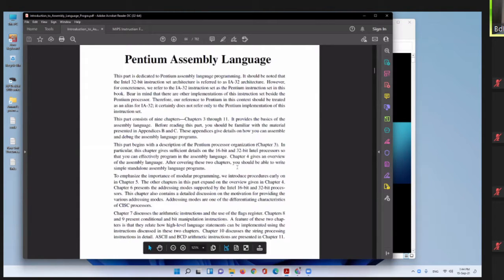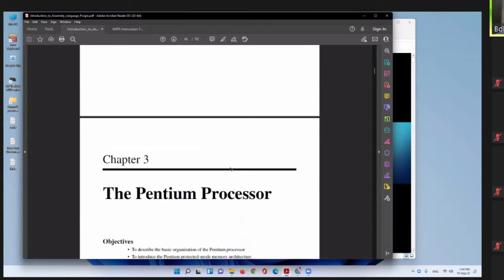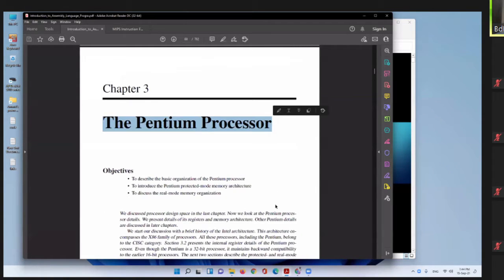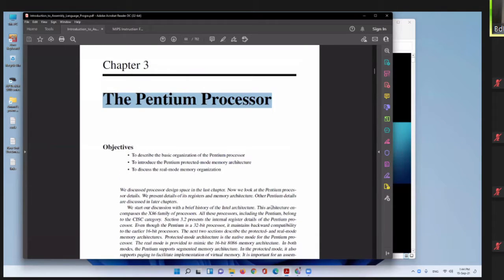After that we have discussed chapter number 3, which is, in my point of view, a very interesting chapter. That is just history, because most of the time, as an engineer, we don't actually read history, what was this, what was that previously.